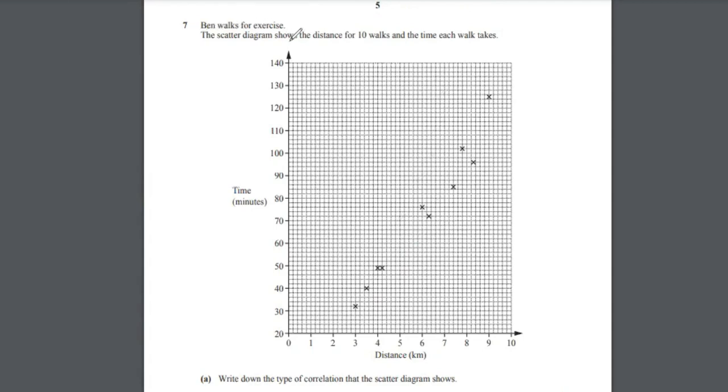Some days Ben is walking for 30 minutes, some days he is walking for 40 minutes, 50 minutes, and stretching up to 100, more than 120 minutes, meaning more than 2 hours. Some days when he is less tired, he walks more than 2 hours. Some days he is much more tired, so he walks less.